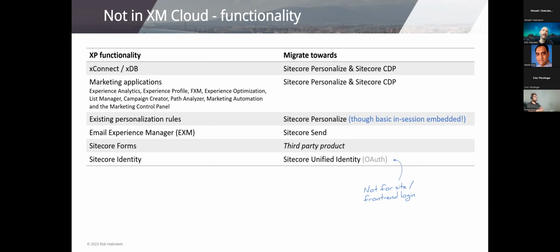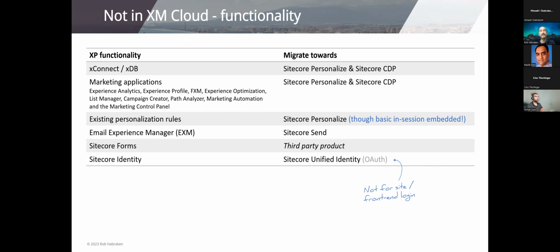Functionality-wise, everything that is related to marketing, like XDB and XConnect, with your marketing applications ranging from FXM to the marketing automation tool, the control panel, campaigns and stuff, all of that is now something you want to migrate to either Personalize, Sitecore CDP, or a combination of those two, because they're not supported or included in XM Cloud. Though you do have personalization within XM Cloud.